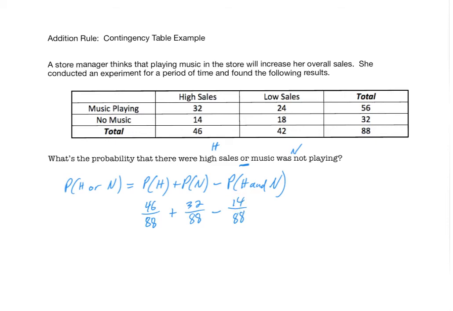That 14 is technically part of that number and that number, so that's why we subtract it off once so that it doesn't repeat. And of course, if we just do the arithmetic here, we have 78 minus 14 is 64. Hence, there was a 64 in 88 chance that there were high sales or music was not playing.